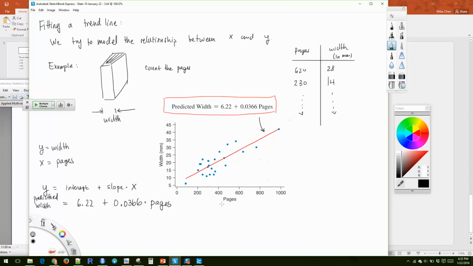So let me just write this out. For a book with 400 pages, what will we predict its width to be?